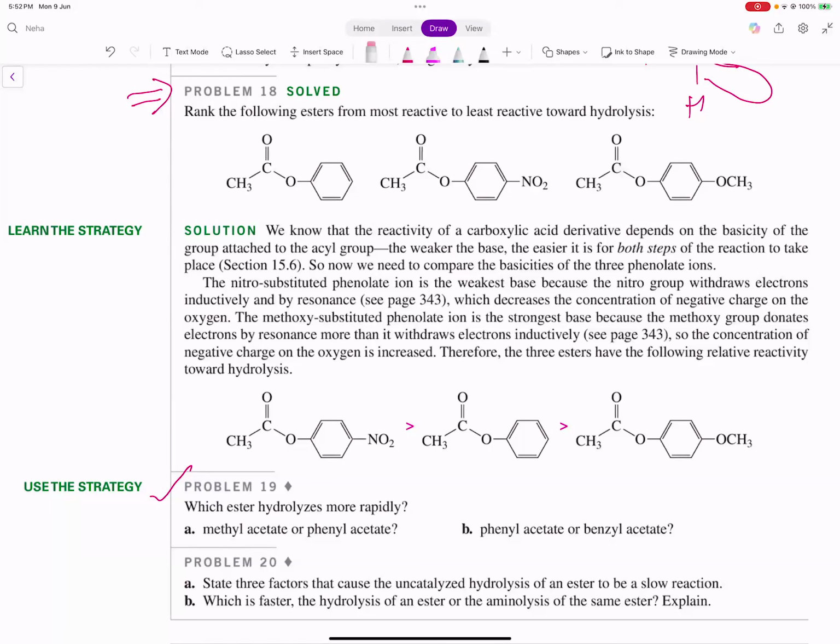So for 19, in part A I'm getting phenyl acetate, and in part B I got methyl acetate. Okay. Yeah, this looks correct.